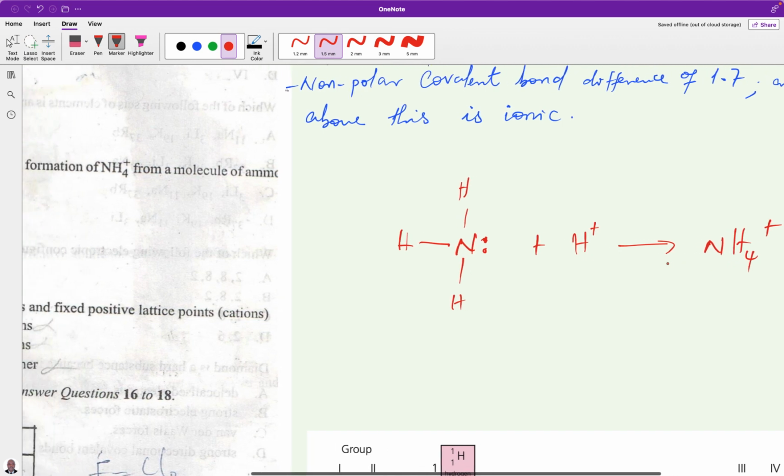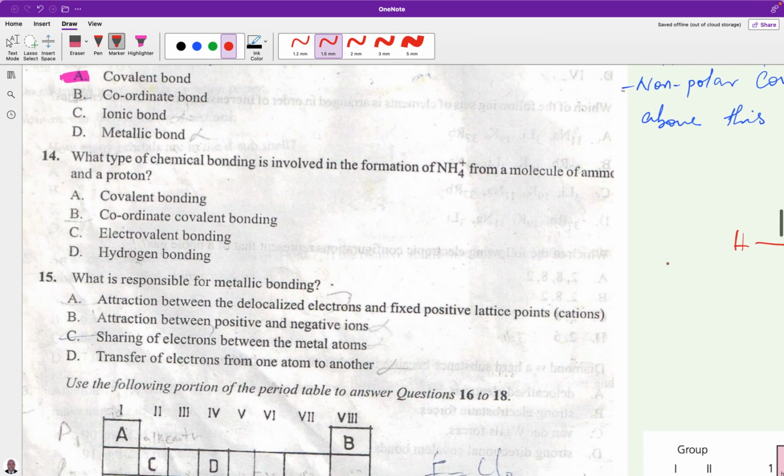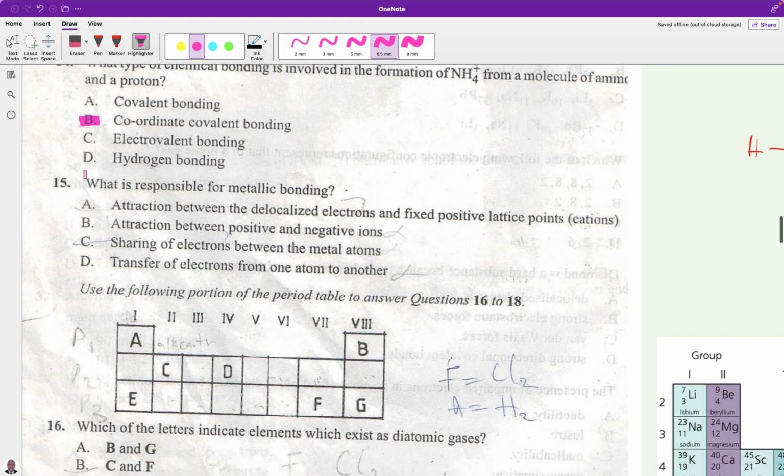So our answer for question number 14 would be B, coordinate covalent bond. It is not covalent bonding, it is coordinate, because the 2 electrons are from a single atom.